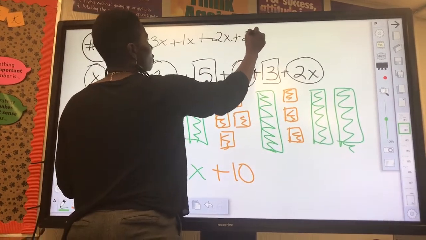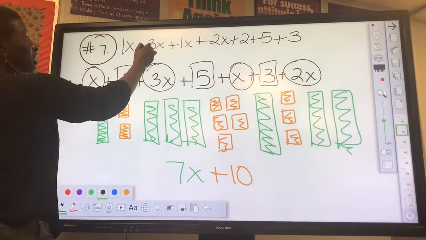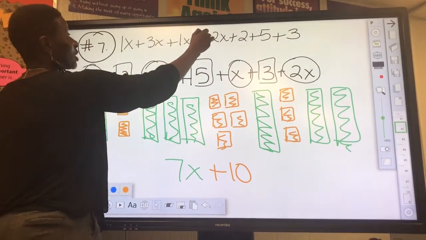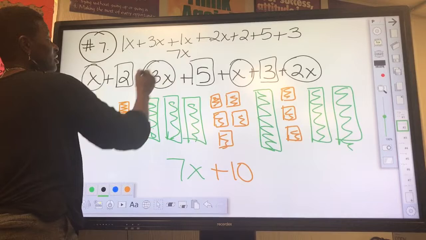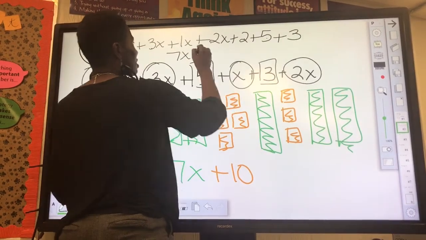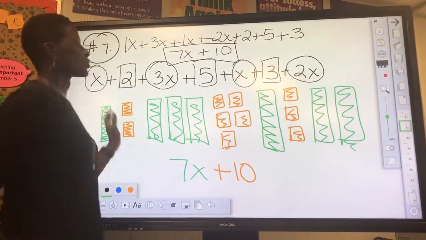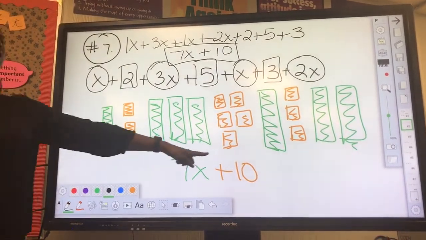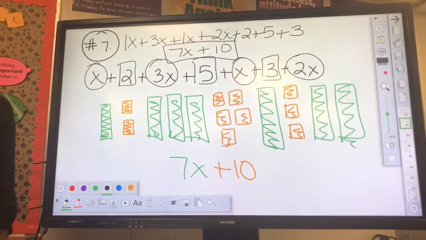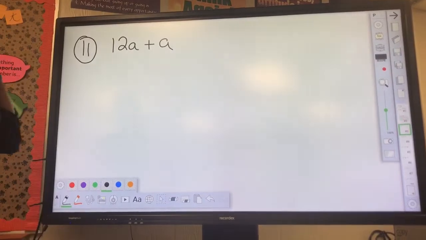So positive 2 plus positive 5 plus positive 3. So 1 plus 3 is 4, plus 1 is 5, plus 2 is 7. So that's 7x. And then 2 plus 5 is 7, plus 3 is 10. So even if I use combining like terms, I'm still going to have 7x plus 10. Does that make sense? Great. All right. Let's move on to the next problem, number 11.